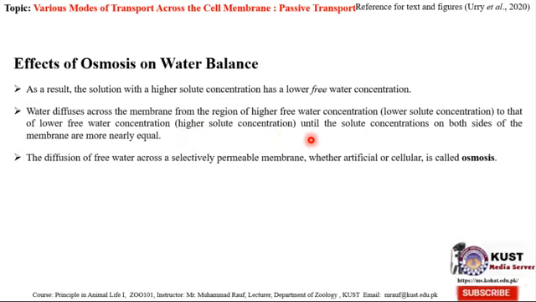This movement will continue until the solute concentration of both sides is equal or nearly equal. So the diffusion of free water across a selectively permeable membrane, whether artificial or cellular, is called osmosis.